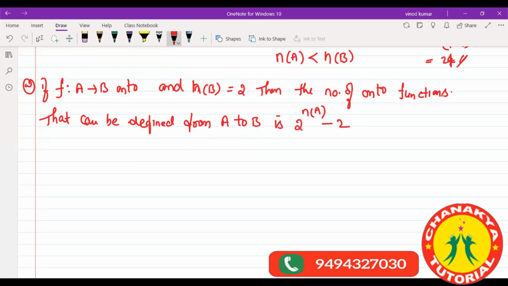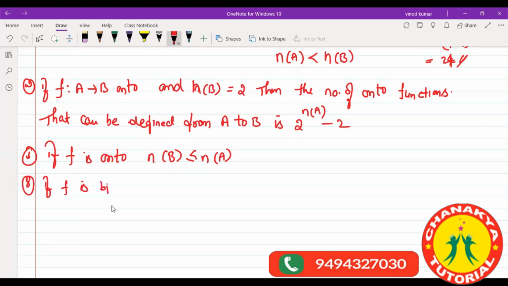And here, two finite sets A and B. If f is onto, then n(B) is less than or equal to n(A), for getting onto. If f is a bijection, n(A) equals n(B).